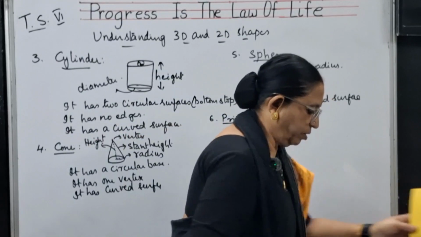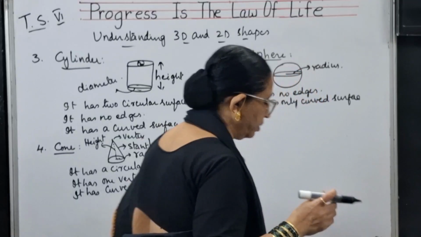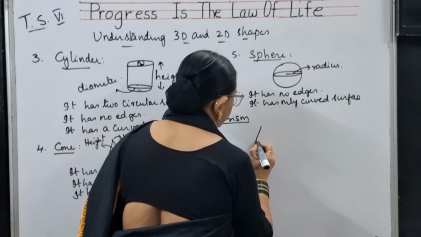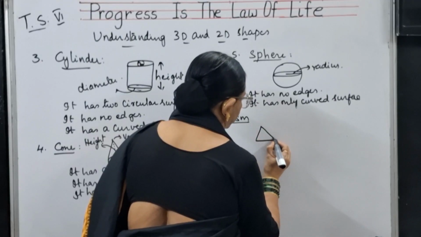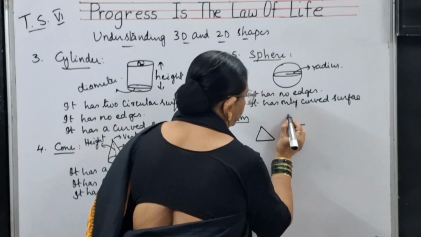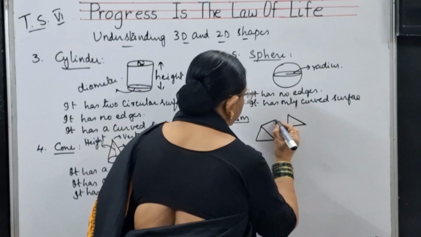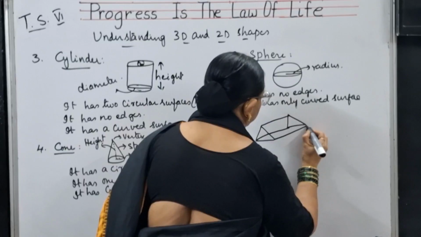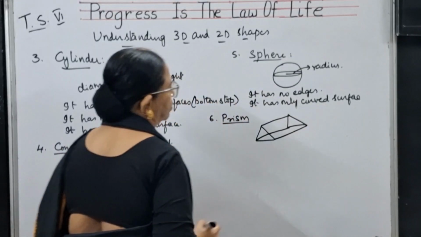How will you draw it? Usually this is one triangle and another triangle. If you join them, it is somewhat like this.